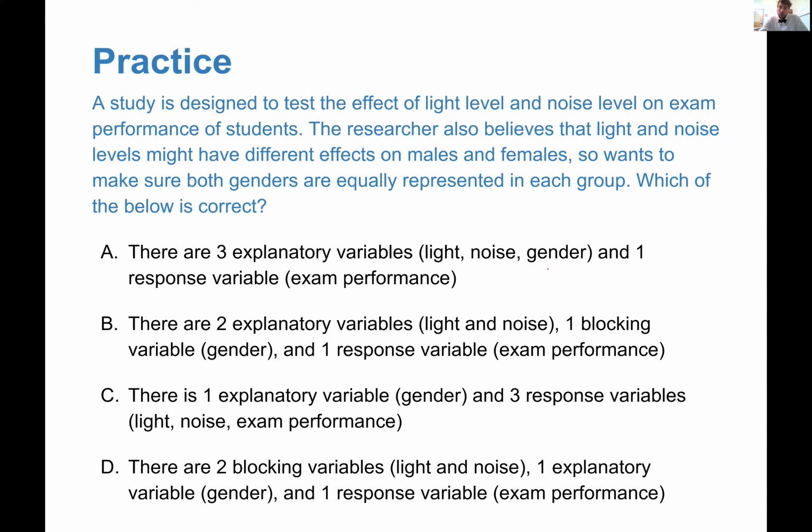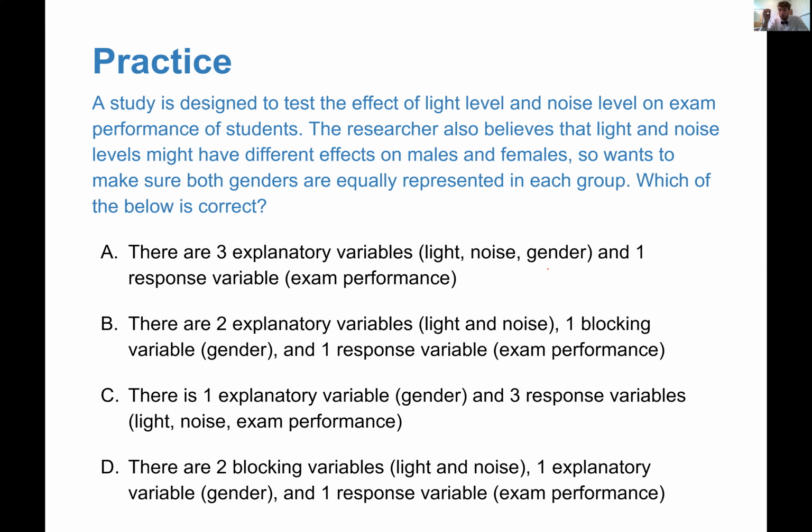Or B, there are 2 explanatory variables, light and noise, 1 blocking variable, gender, and 1 response variable, exam performance. Or C, there is 1 explanatory variable, gender, and 3 response variables, light, noise, exam performance. Or D, there are 2 blocking variables, light and noise, 1 explanatory variable, gender, and 1 response variable, exam performance?